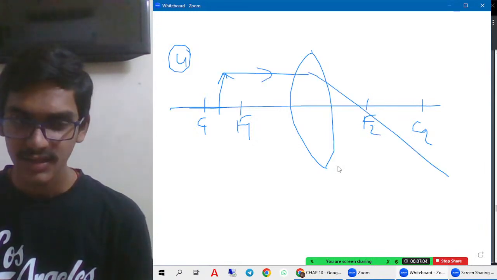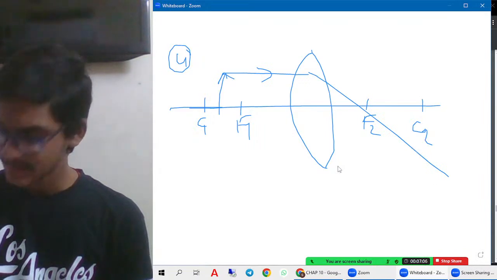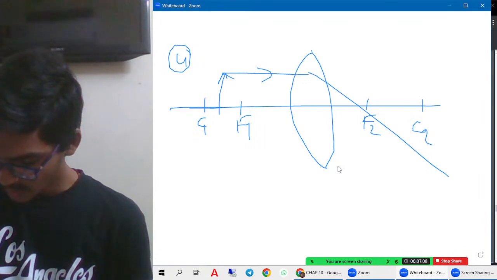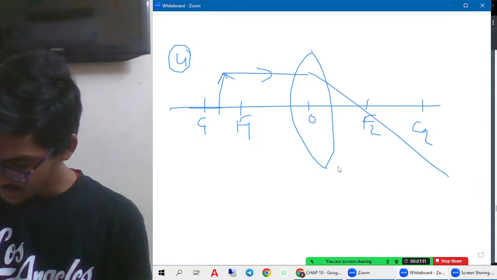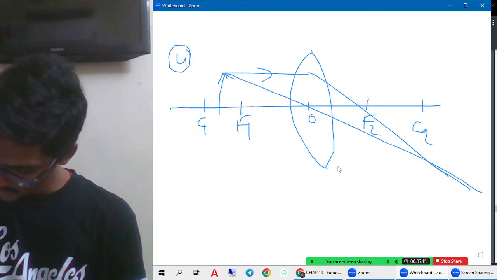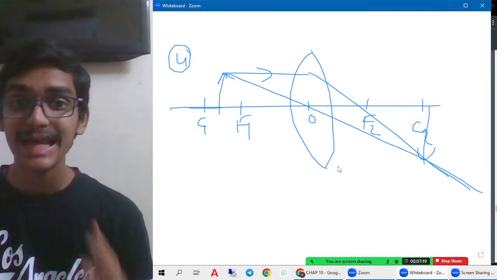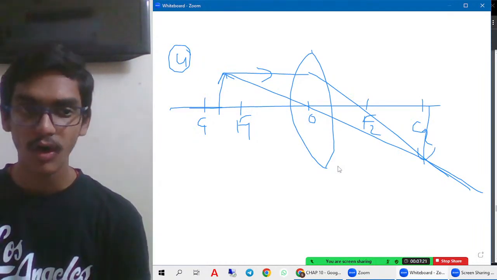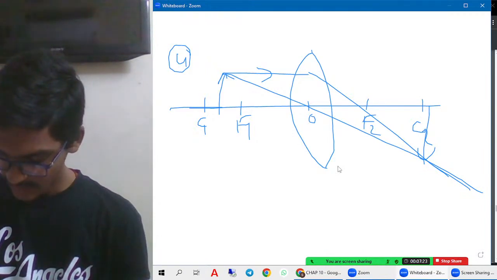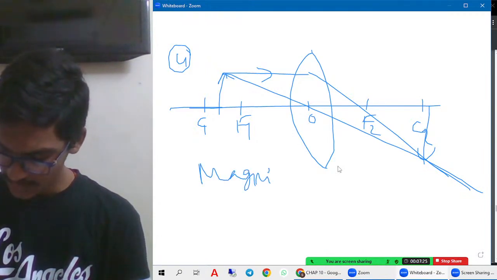So it is traveling parallel to the principal axis. After striking the lens, it travels to the focus. Okay, so this is point O. Then where will we get the image? We'll get the image beyond C. What is the size of the image? It is slightly bigger as compared to the object. Therefore, it is magnified, or you can say enlarged.